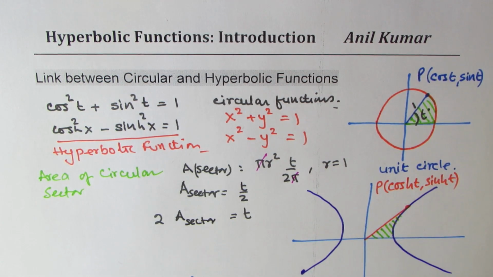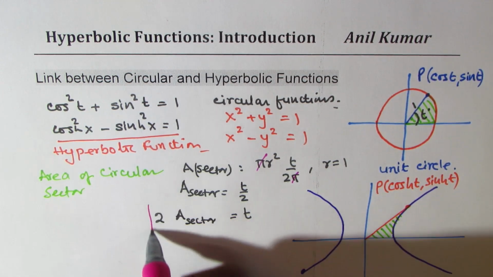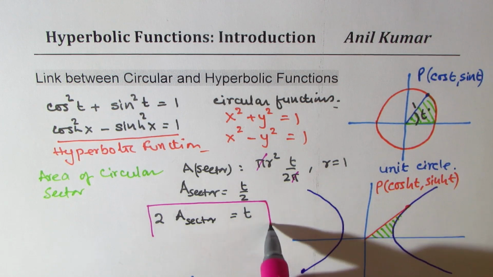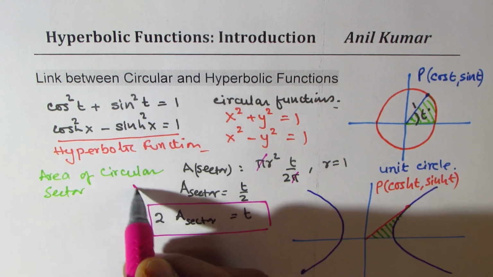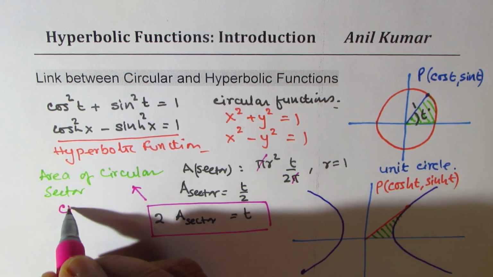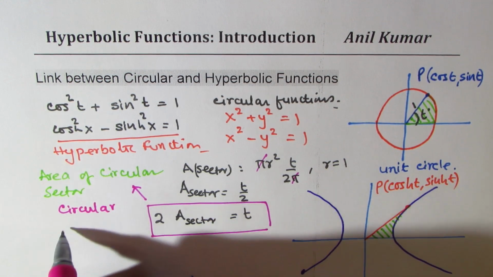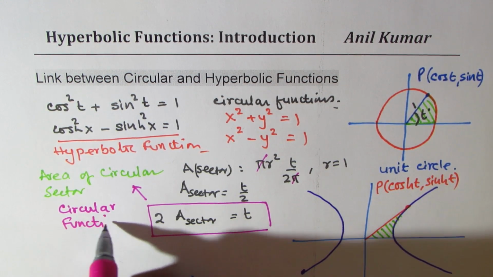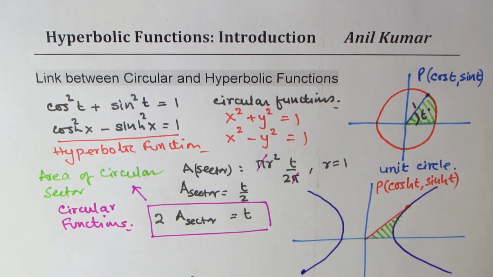Does that make sense? So for circular functions, what you see is that t is twice the area of the sector.